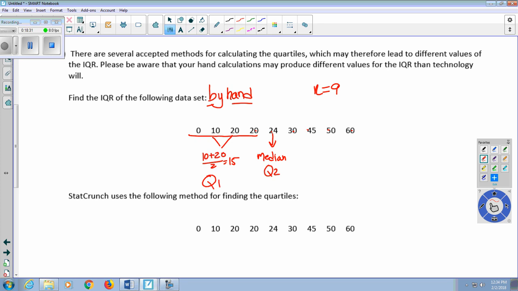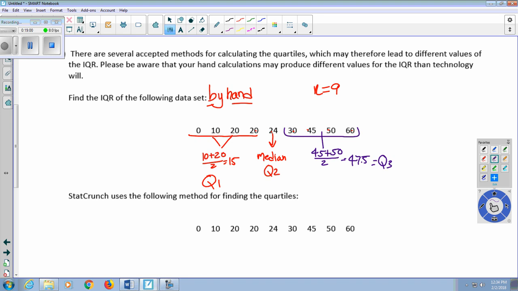So our lower quartile is 15, and then we can do the same thing on this side. We've got this little data set that we're going to find the median of again, and we're going to have to average 45 and 50, and that comes out to be 47.5, and this is our Q3.